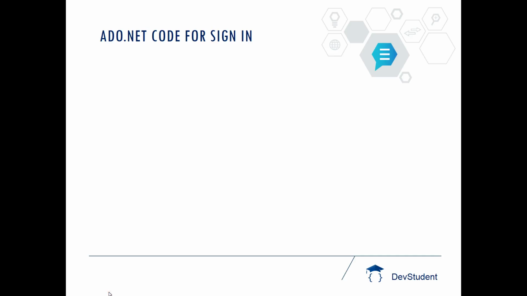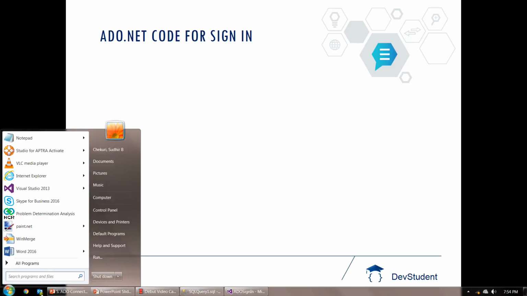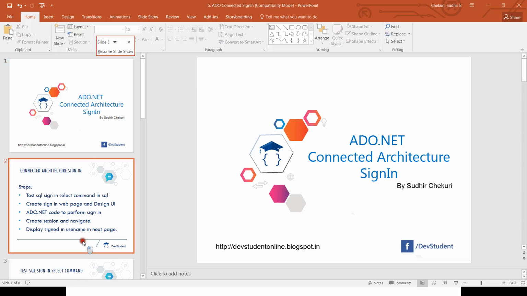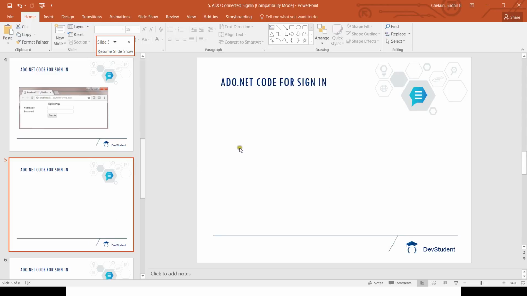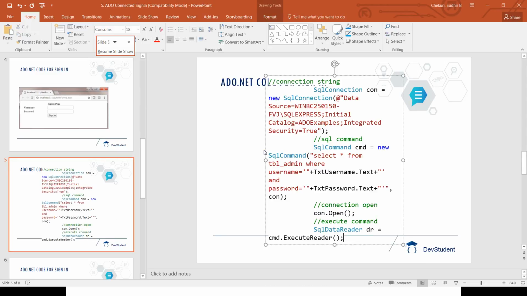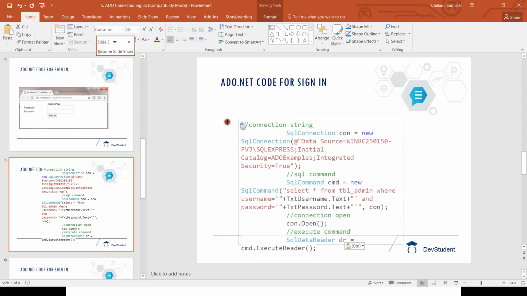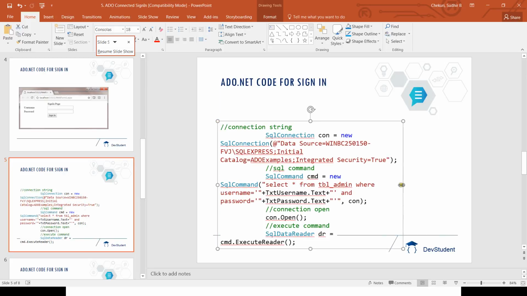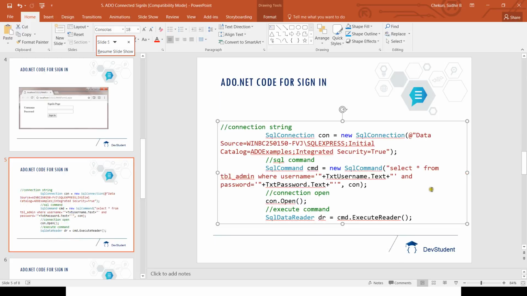Let me go to the slides and you can see the code for sign in is going to be this, where I have written a connection string and a command, and the data reader is executed.